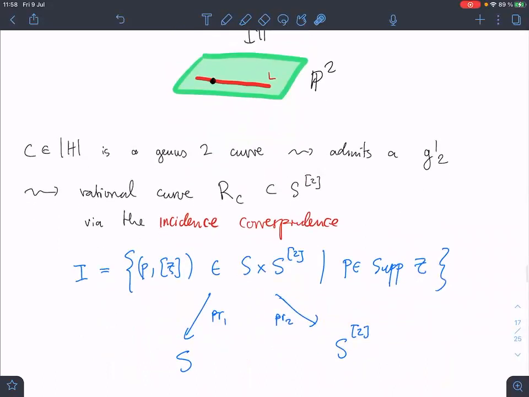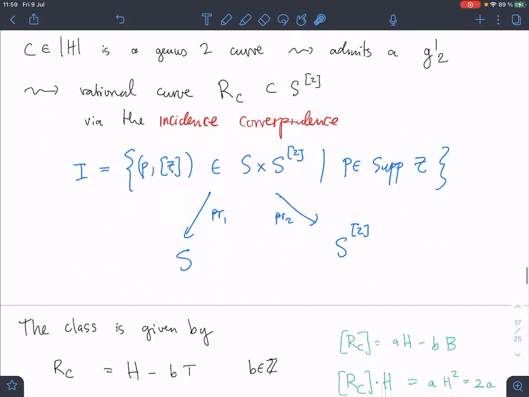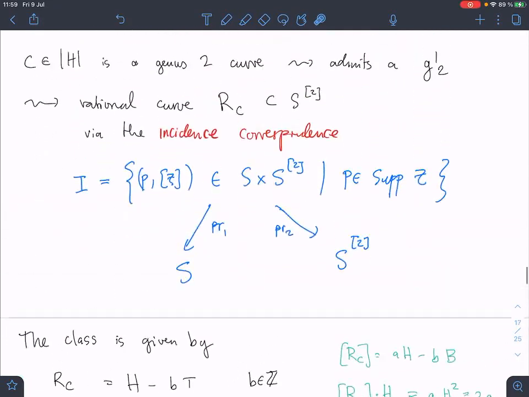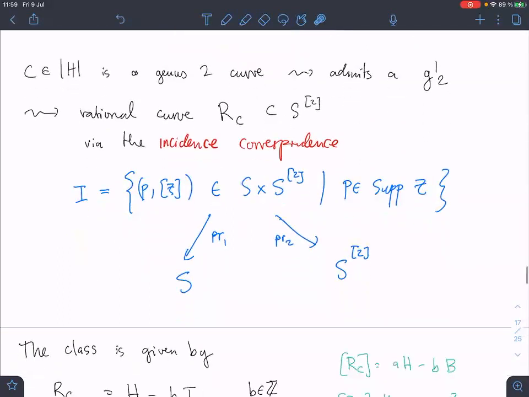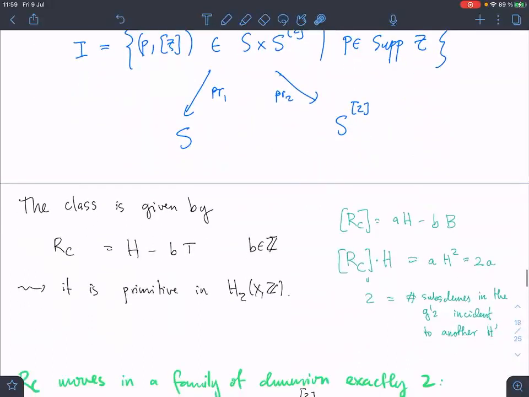So for each such curve, we get a rational curve on this Hilbert scheme. Okay, that's great, because now we have a rational curve on this Hilbert scheme. We can compute the class.